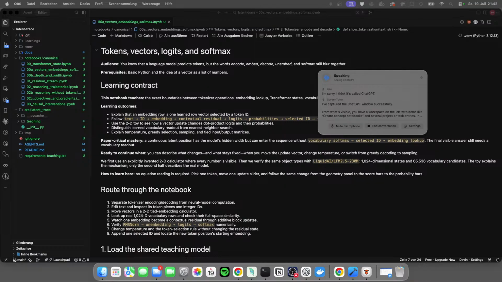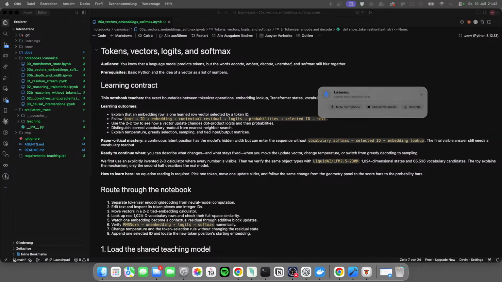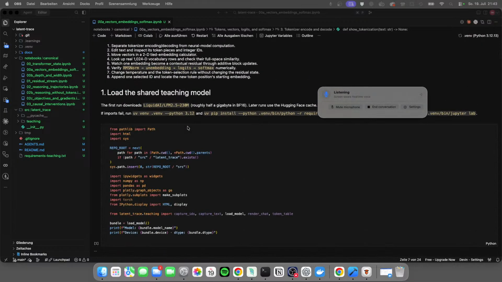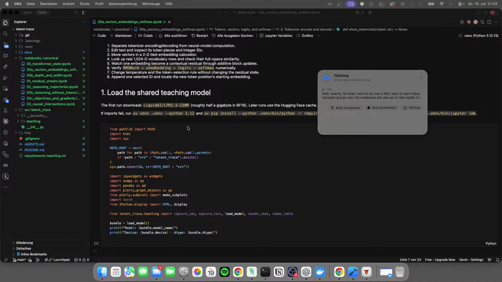From what's visible, you have a workspace on the left with items like Create Concept Notebooks and several project or task items. I want to go over the notebooks and have you explain concepts to me, basically be my training or sparring partner, so I can build an intuition and understanding for these concepts. Love that plan.